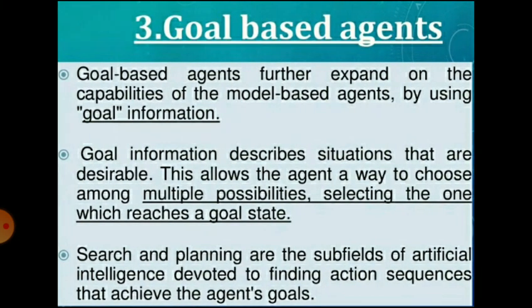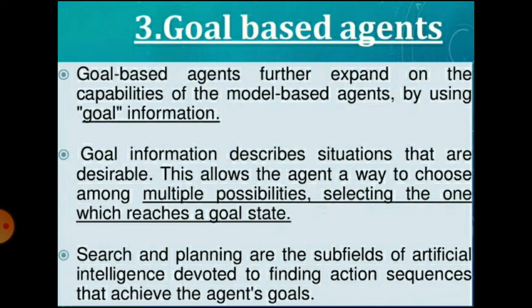Then third is the goal based agent. The goal based agent further expands on the capabilities of the model based agents by using goal information. The knowledge of the current state of the environment is not always sufficient for an agent to decide what to do. The agent needs to know its goal, which describes desirable situations.